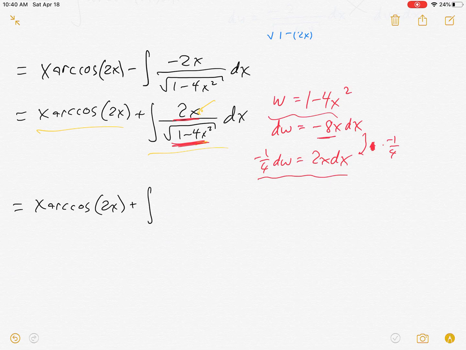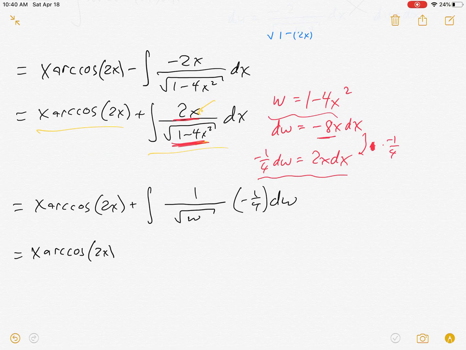You know what? I'm going to rewrite that. Again, I'm acting like I'm in a hurry here. Let's just take our time. This becomes square root of w, and then the 2x dx became negative 1/4 dw, so let's put a 1 up there.